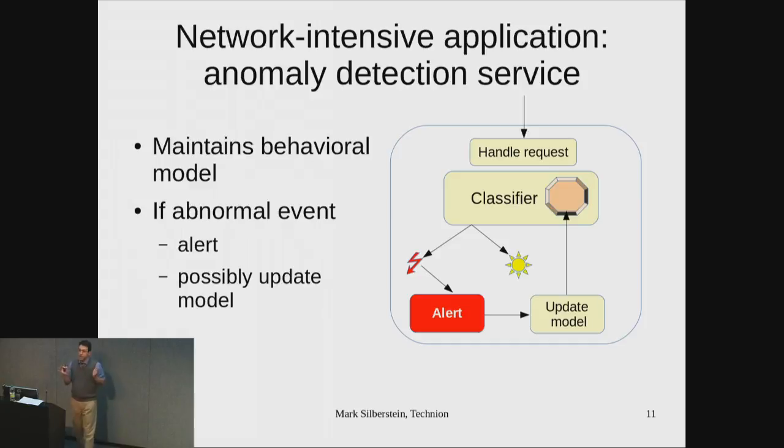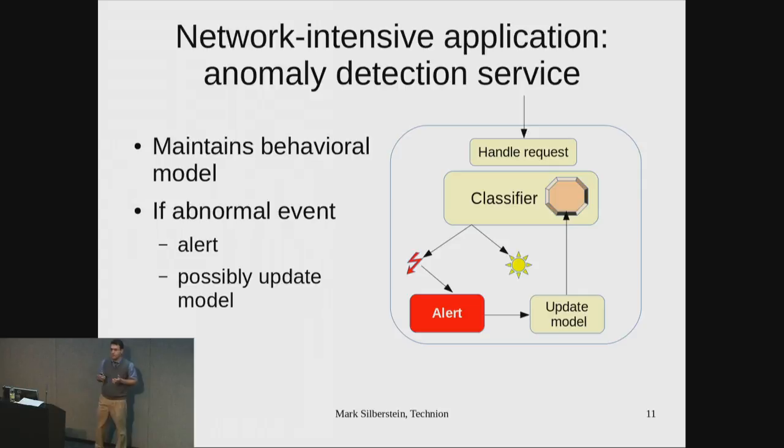So, you have the very simple anomaly detection service. This anomaly detection service does a really simple thing. It receives some data. It invokes the classifier to check the model on whether the sensor reading or some event is normal or abnormal, and in the case of a normal event, it just drops it or records some statistics, and if it's abnormal, then it alerts and probably updates the model as well.